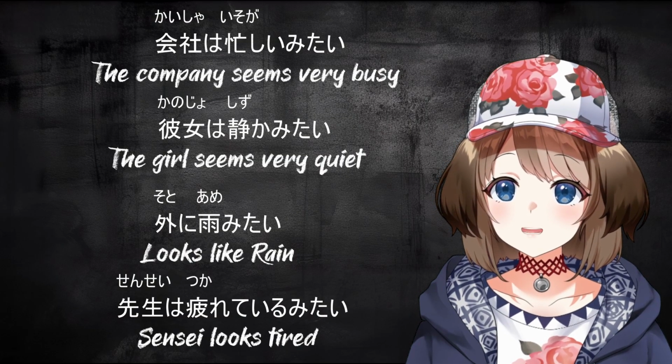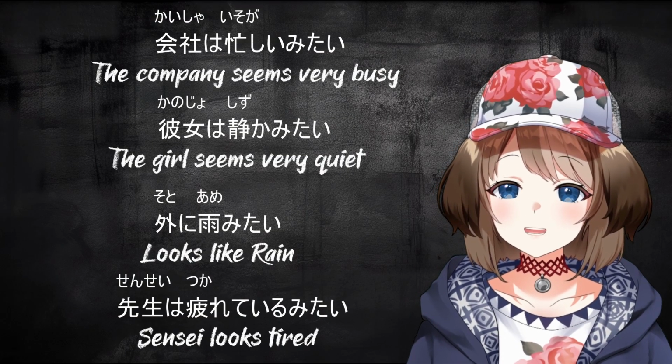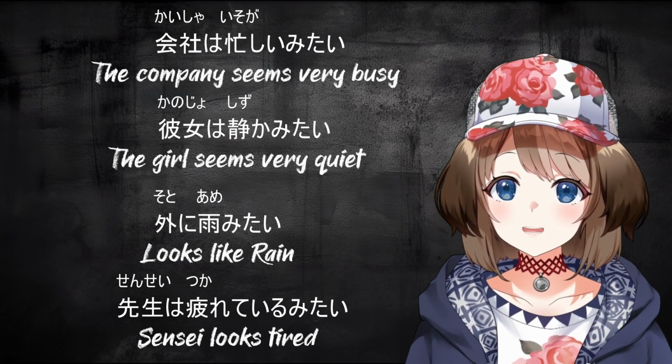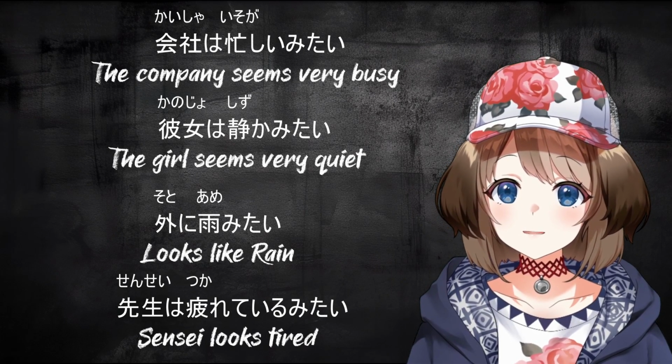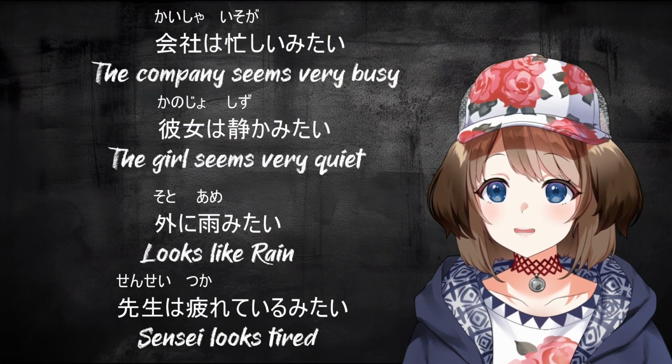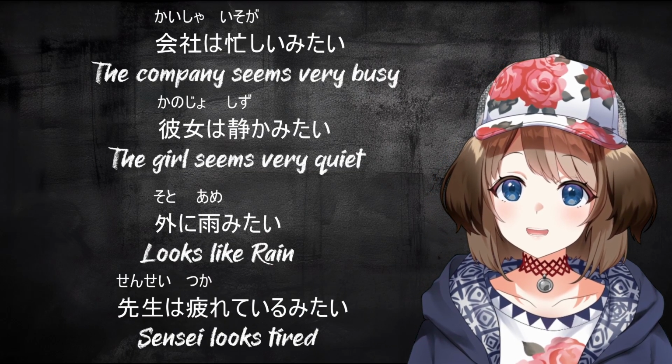Are you noticing how versatile this kind of mitai form is? Well, in truth, it really is so versatile that we are not even going to be able to cover everything today, and that's okay.